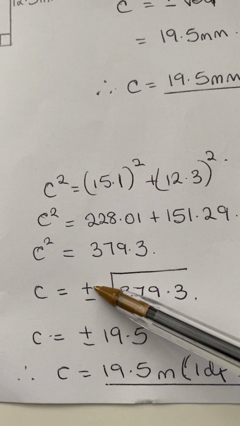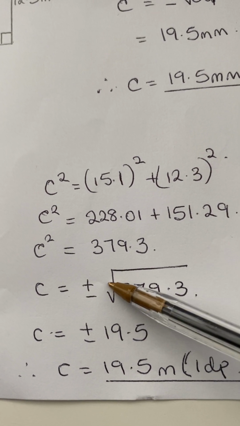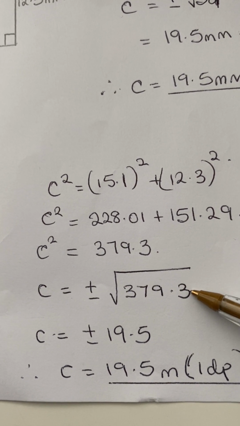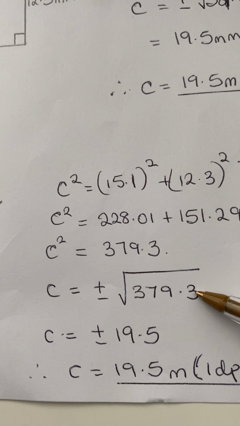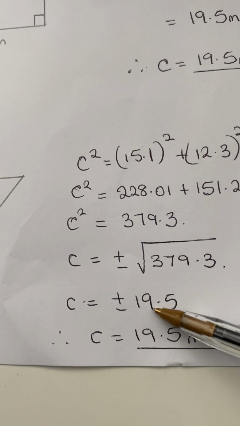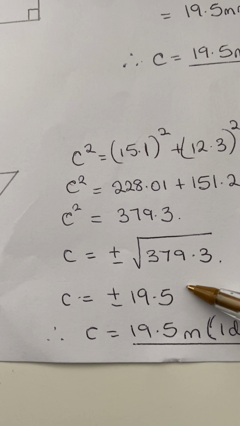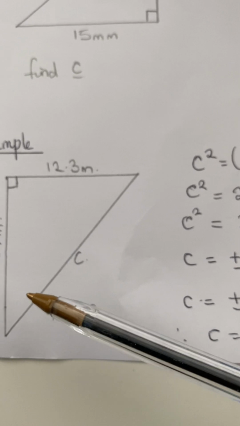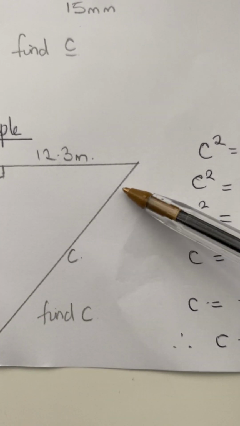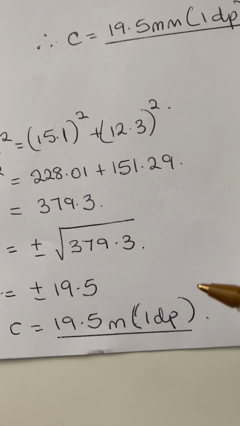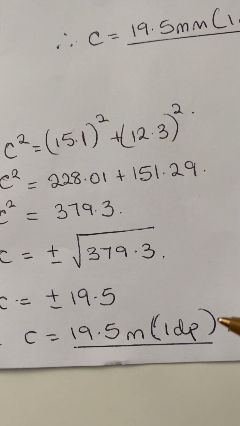Now c will give me plus or minus the square root of 379.3, so c will be plus or minus 19.5. But I'm looking for the length from here to here, so I'm going to choose again the positive.